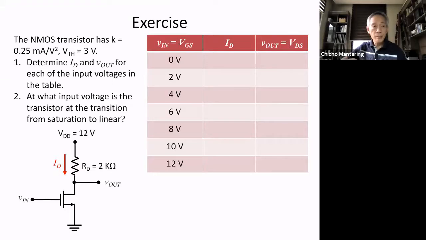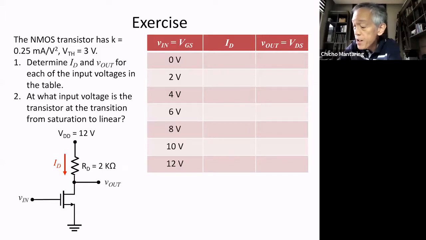The NMOS transistor here has K equal to 0.25 mA per volt squared and a threshold voltage of 3 volts. I just want to fill out this table.